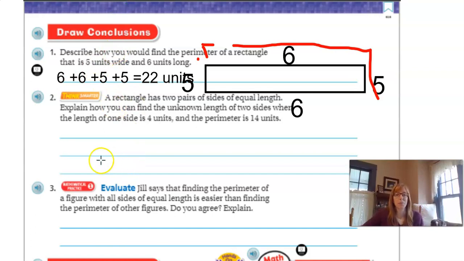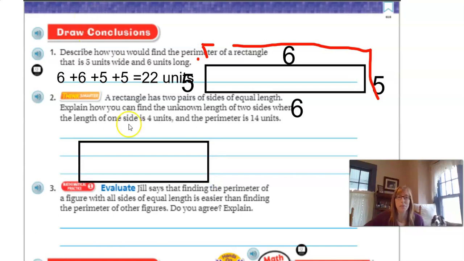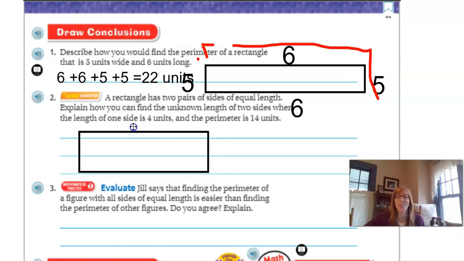Okay, so let's draw a rectangle, okay? Let's draw a rectangle. So there's our rectangle. Perfect. All right, now, this is the fun part. So we know that the perimeter equals 14. So let's just write a formula down, okay?